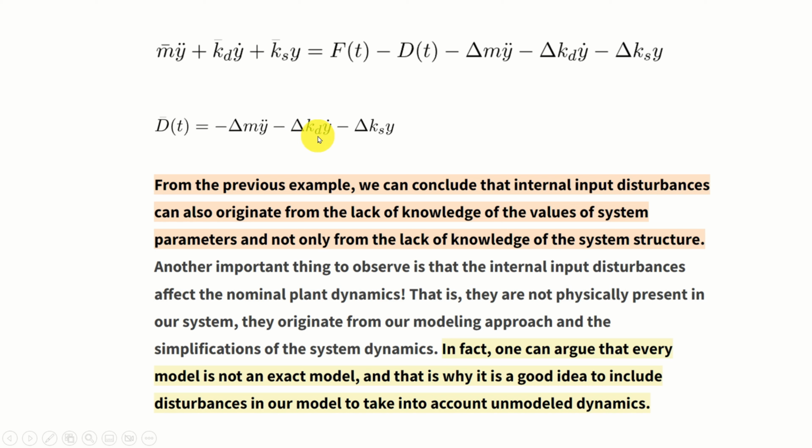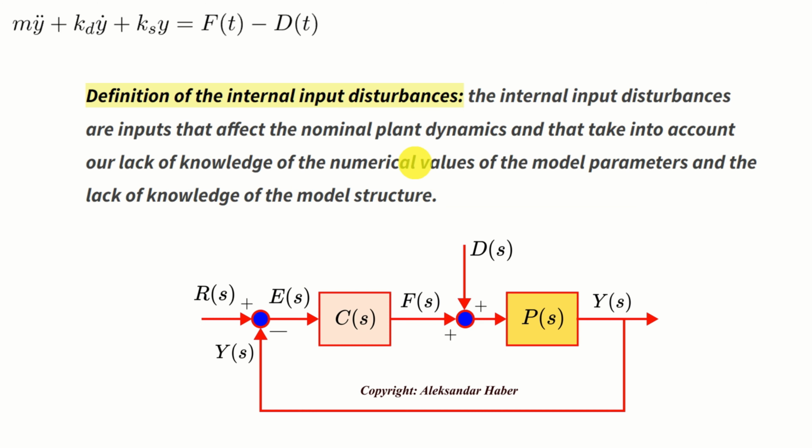In fact, one can argue that every model is not an exact model, and that's why it is a good idea to include disturbances in our model to take into account unmodeled dynamics. That is, in a number of control engineering approaches, when you see a disturbance term, this disturbance term can also originate from model uncertainties.